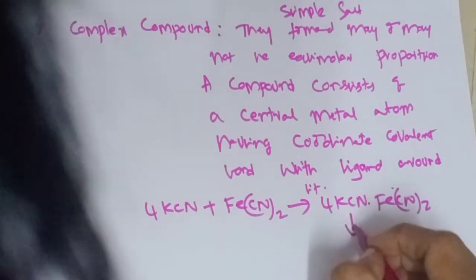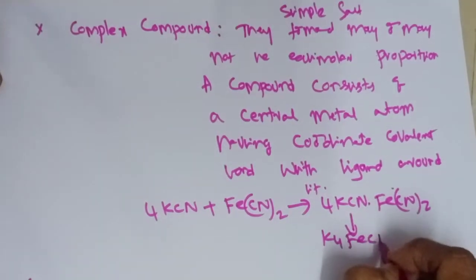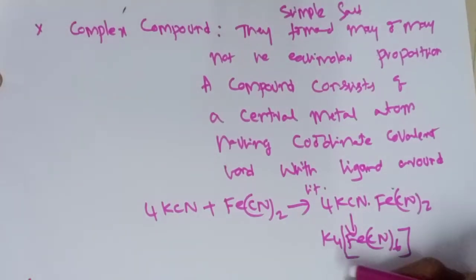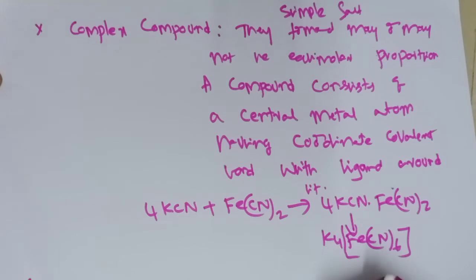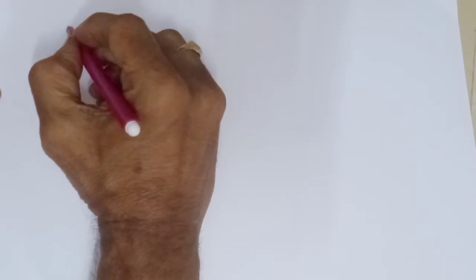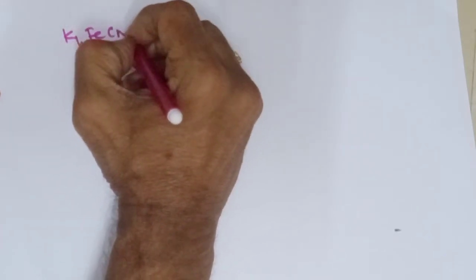We can write it like this: K4[Fe(CN)6], potassium ferrocyanide, potassium hexacyanoferrate. Okay, if you take potassium ferrocyanide, K4[Fe(CN)6].